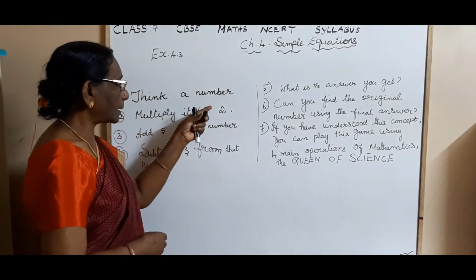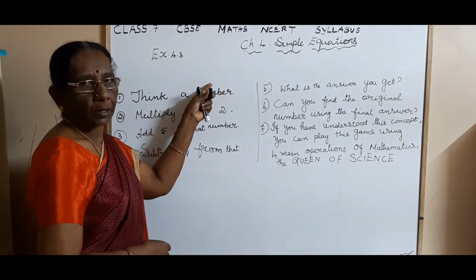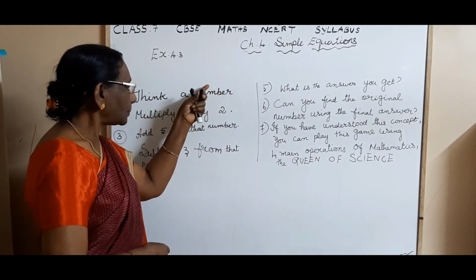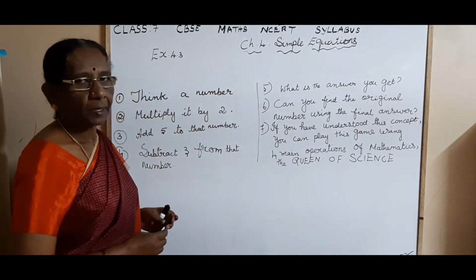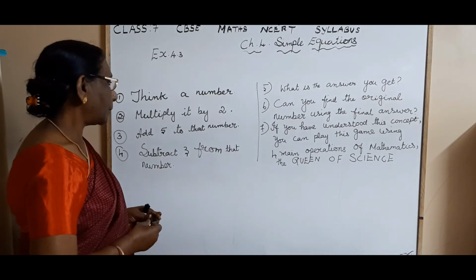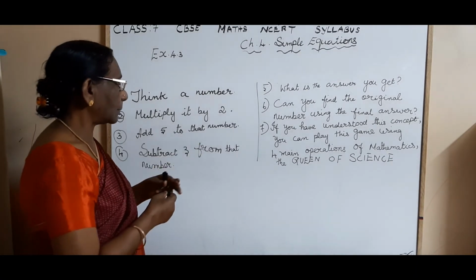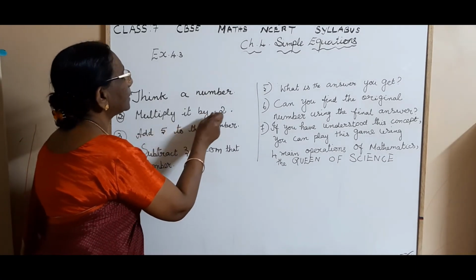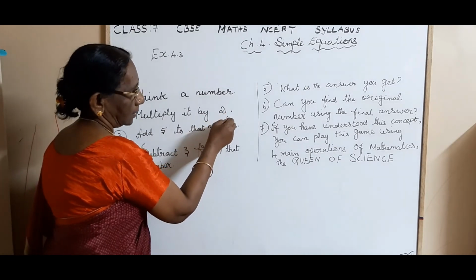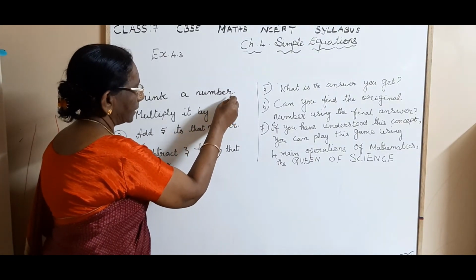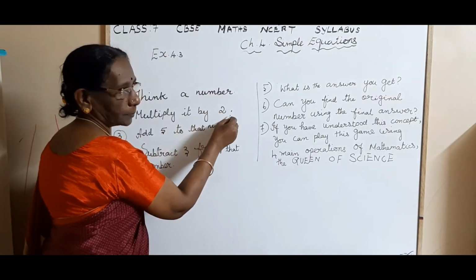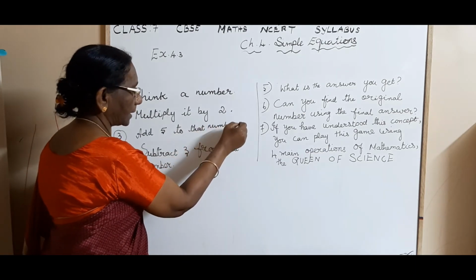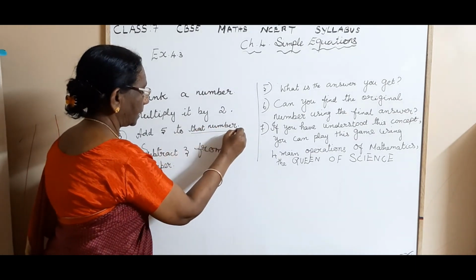That is, multiply that particular number by 2. Then add 5 to that number. That number represents the answer you are getting here by multiplying the given number by 2.